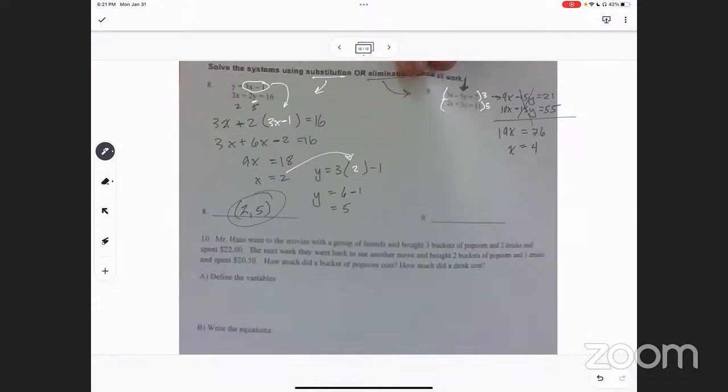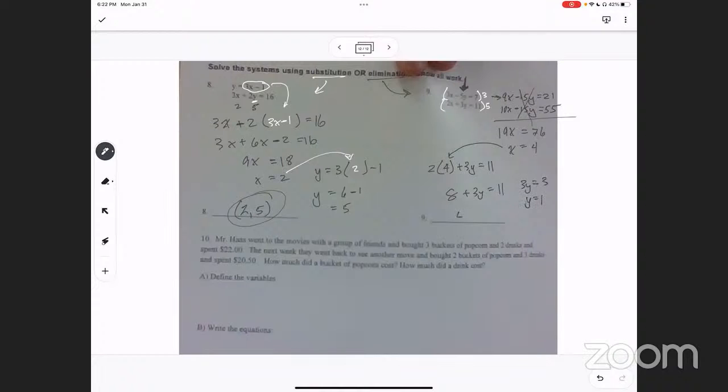And now if x equals 4, we're going to plug it back into either one of them. The bottom one looks a little bit easier because they're smaller numbers. So I'm plugging that in for x. See how I did that? So that means 8 plus 3y equals 11, which means y equals 1. 3y equals 3, and y equals 1.